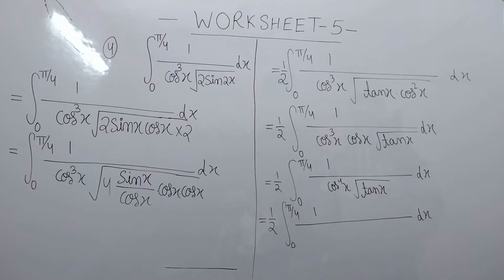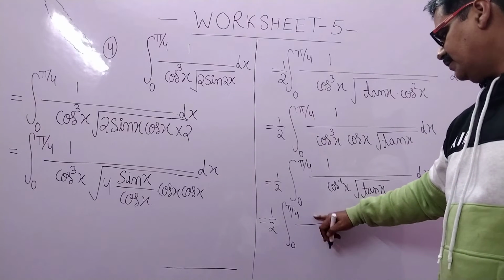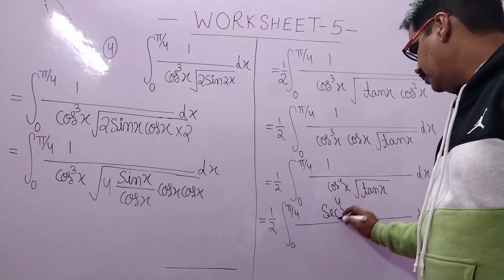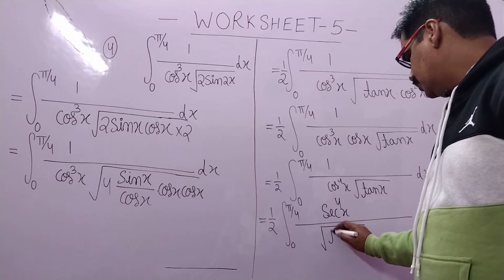Now we all know that 1 upon cos x is equal to sec x, so 1 upon cos x to power 4 becomes sec x to power 4, root tan x.